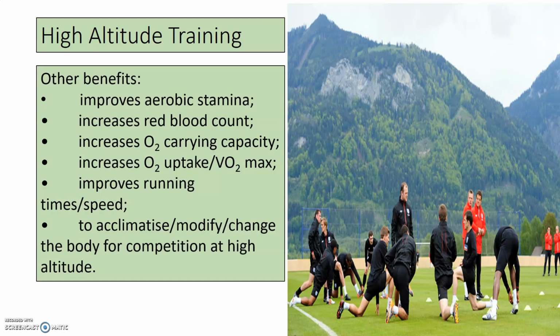Now, if we think of some of the other benefits in terms of high altitude training, we have mentioned about the fact that we are improving our aerobic stamina, but we're also looking to increase the amount of red blood cells, okay, so the red blood cell count, and we're going to talk about why that happens on the next slide in regards to the process. And if we increase our red blood cell count, in essence, we are also increasing our oxygen intake, okay, so our uptake in regards to VO2 max, and also this aspect of being able to increase our capacity to carry oxygen.